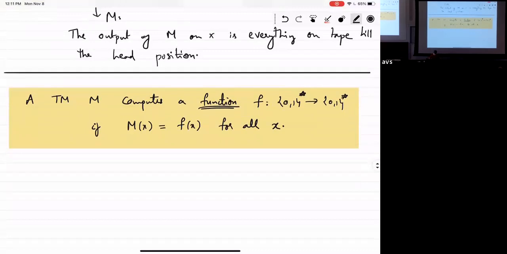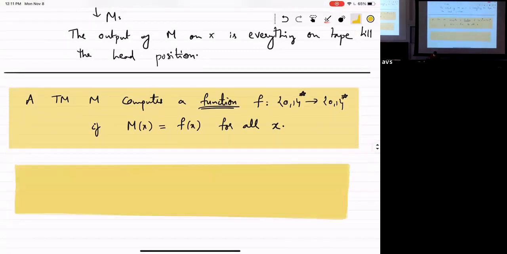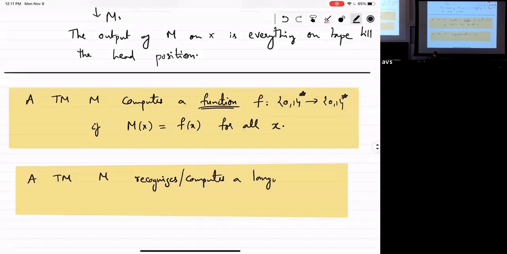And finally, we also say a Turing machine M recognizes or computes a language. Okay, so remember we had this notion of languages and functions, both of them are equivalent.